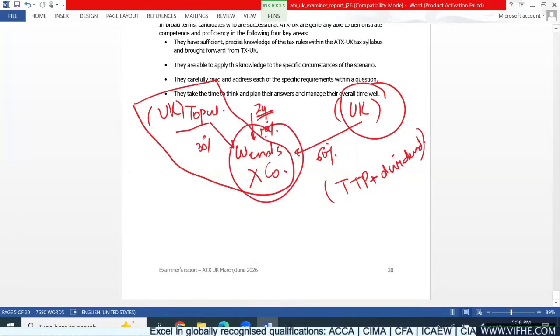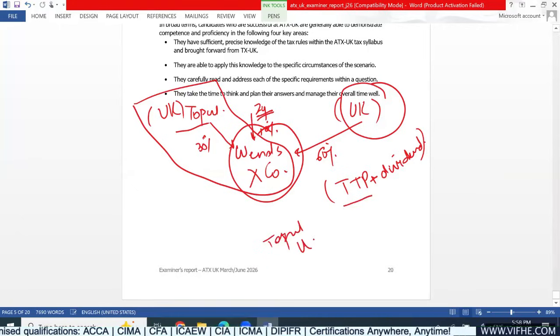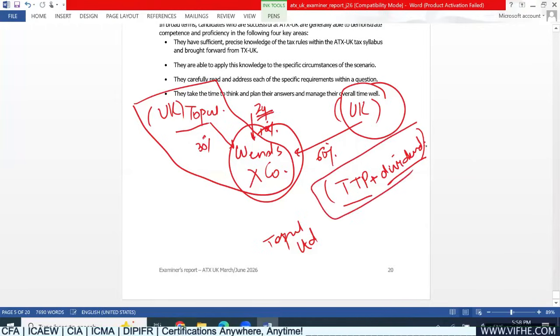in which Wensco is falling, because this is the company in which the shareholding is not found to be greater than 50%. So the taxable total profit of Topal Limited as well as the dividend that Topal Limited is receiving from those companies in which shareholding has not crossed the threshold of 50%, when they both are combined together, that makes up their augmented profit.